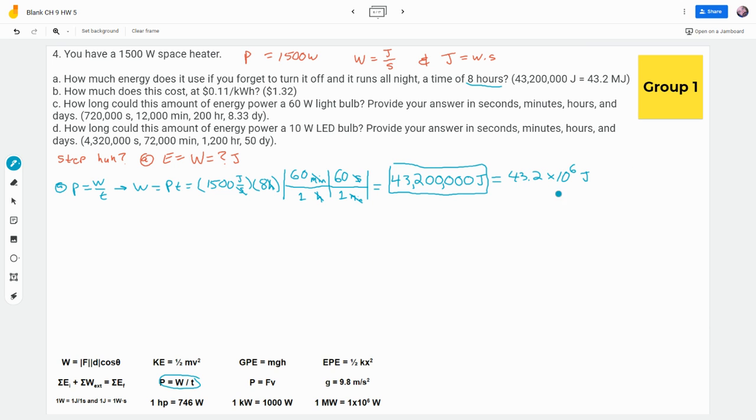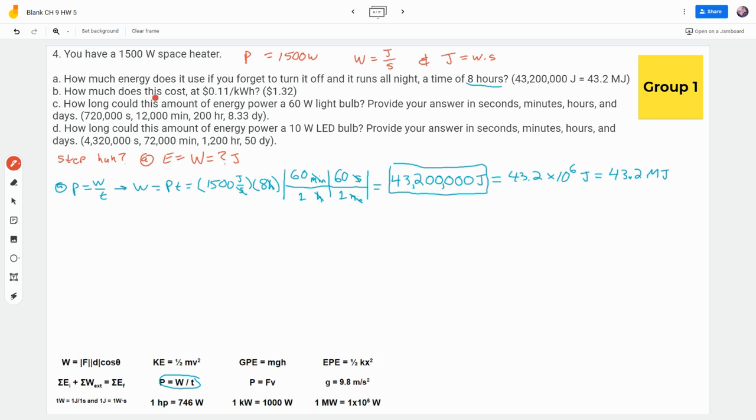So that works. And the other way to write it is with metric prefixes. So times 10 to the 6 means million. So that's mega. So you could also write this as 43.2 megajoules. So any one of these is correct. It didn't specify joules or megajoules or whatever. So any one of these worked. So the next thing to do, part B.